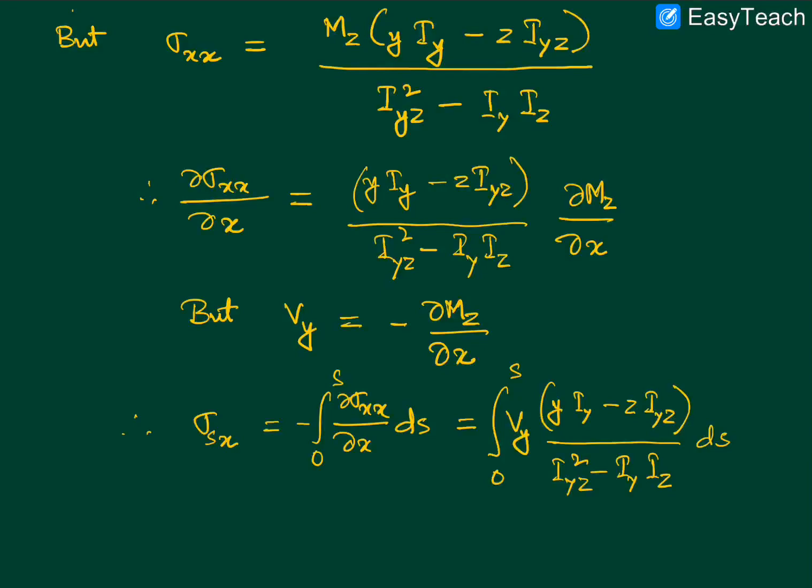So it is not necessary for us to keep them within this integration from 0 to s. Furthermore, at a particular location along the longitudinal axis of the beam, the Vy has a particular value. It is not changing its value along the cross section.